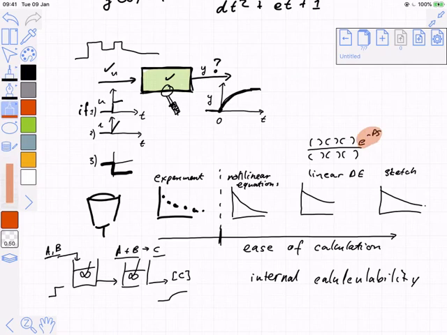And in many cases, in order to use the automated tools, we're going to either approximate that exponential by a Taylor series or a Padé approximation or any of these kinds of methods that take nonlinear functions or non-rational functions and approximate them by rational functions.